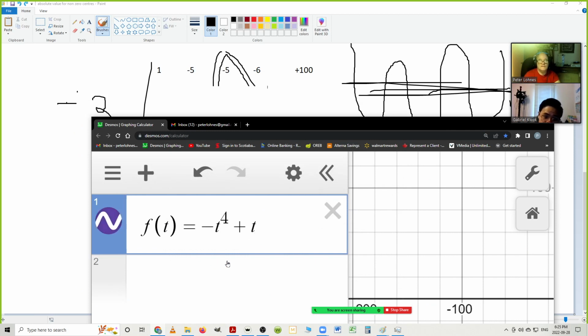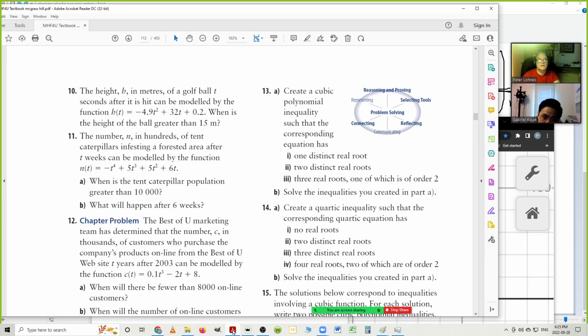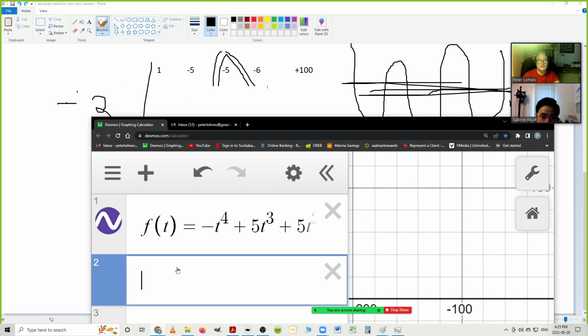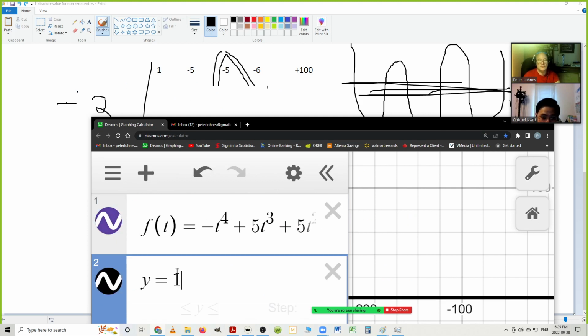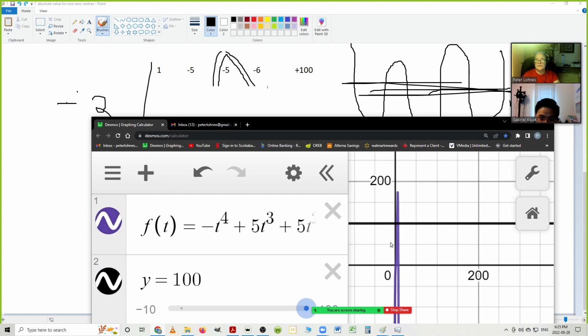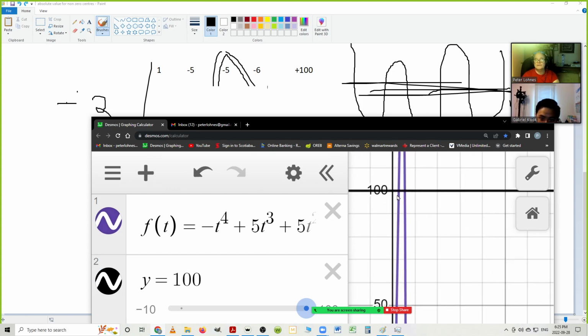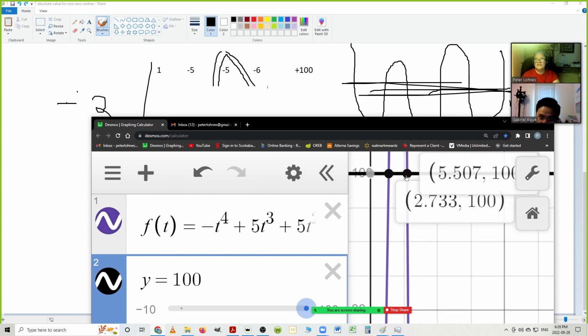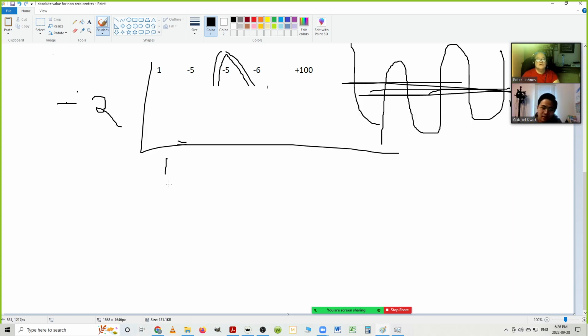Okay, plus 5t cubed plus 5t squared plus 6t. And we're seeing when that is above 100. So we're going to set y equal to 100. And we're going to go look at the graph. I'm going to see if we have the same numbers. And yes, we do. Same awful numbers.